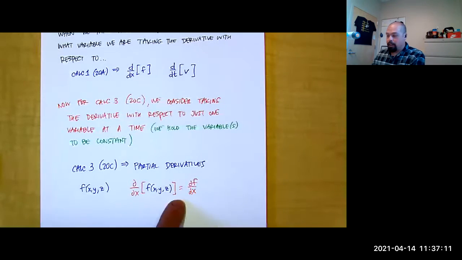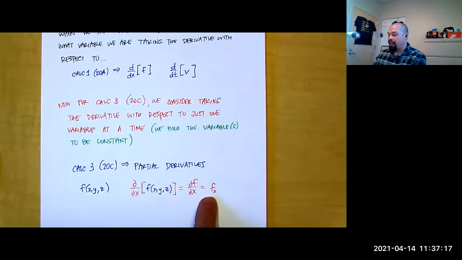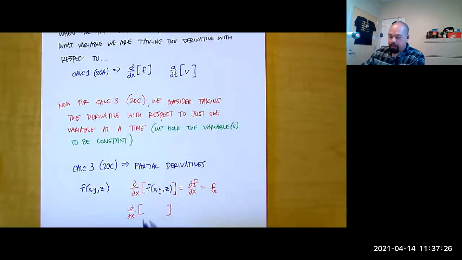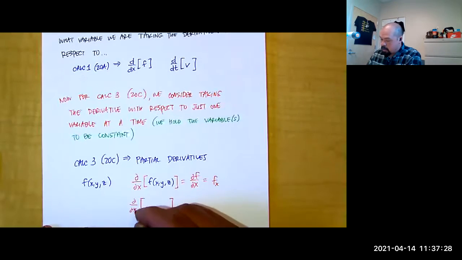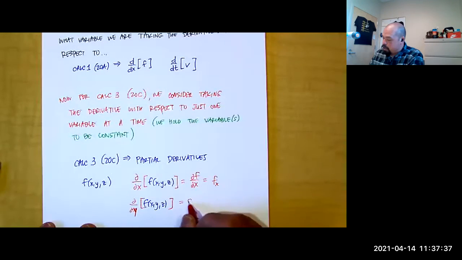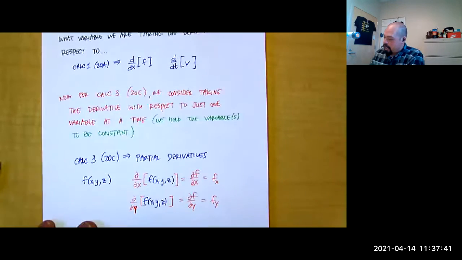All the other variables that may appear are to be considered constants. Or another notation here, f with a subscript x. So that's our partial derivative of that function f with respect to the x variable. And we can look at those others involved, taking, sorry, there should be a y here, taking the partial of that function f of x, y, z with respect to y now, df dy, or f sub y.